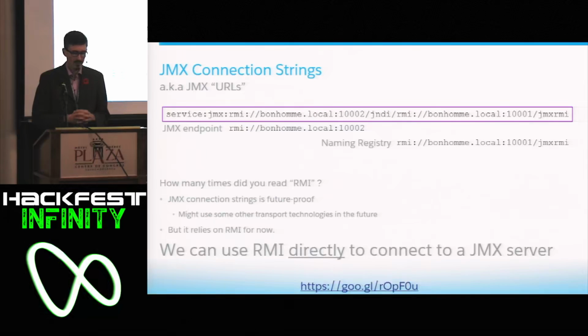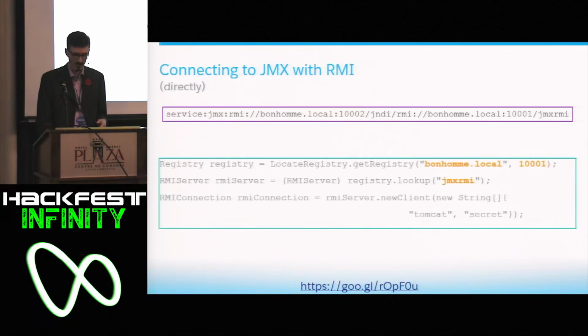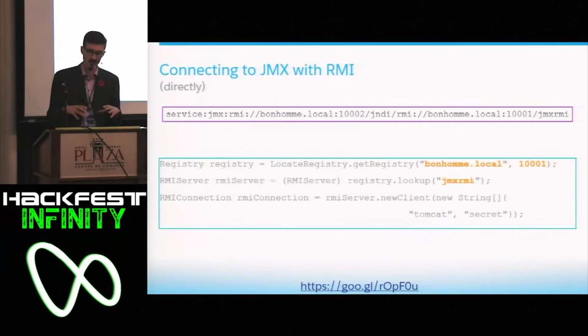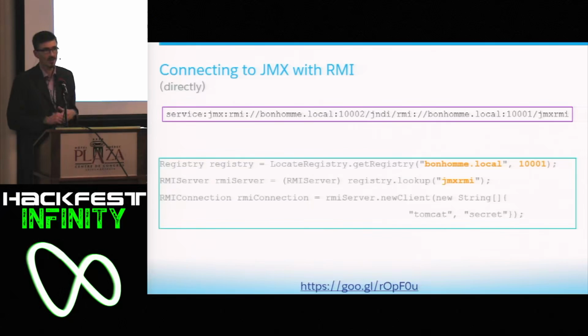So my idea was, why not try to bypass the entire thing and connect directly using RMI to the JMX server? That's what I tried to do. On this slide, on the top is the same URL you're supposed to use to connect to the JMX server, but I created a short version in Java, which is basically a typical way of using RMI in Java.